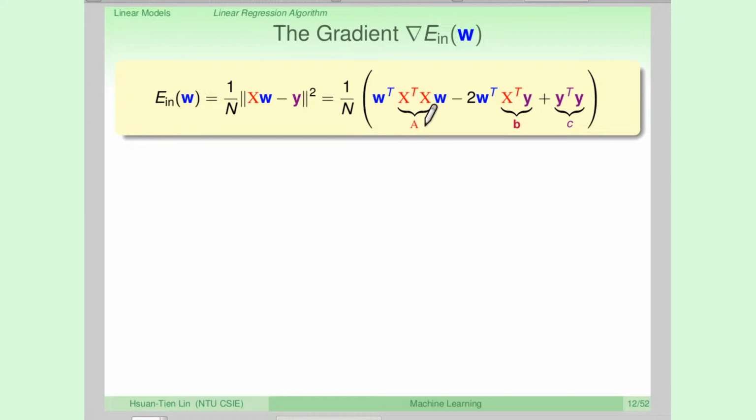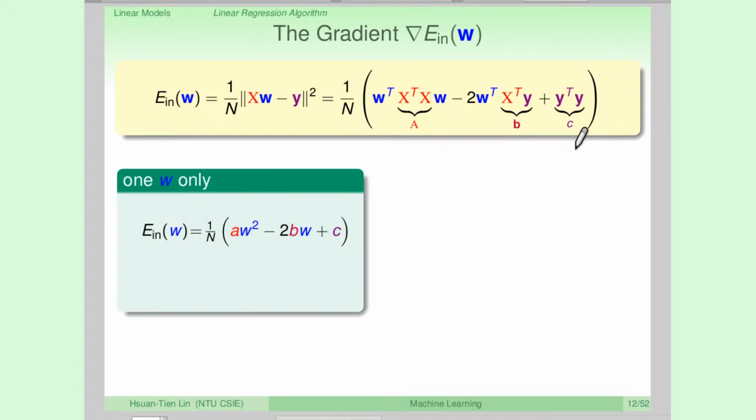I'm going to name this matrix A, this inner coefficient B, and this final value C. Remember, if you have just one W, then the function above is just a quadratic function that you should have learned how to optimize in your high school class. How do you optimize? You can compute the differential of that single-variable function and get the gradient.